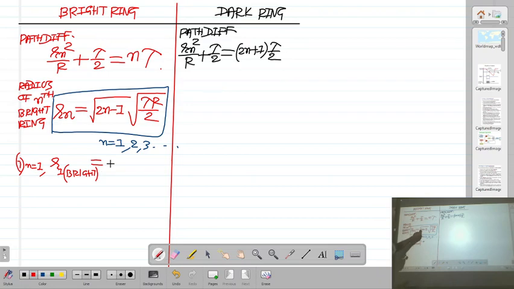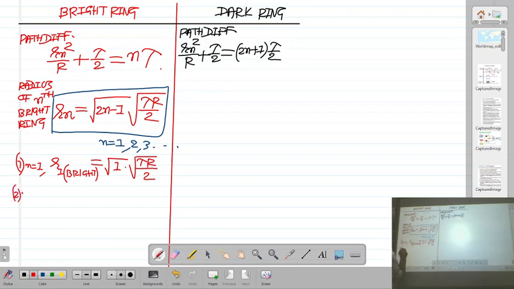Let us put n is 1: square root of 2 into 1, 2 minus 1, so the square root of 1 into the square root of lambda R by 2. Remember what lambda is here: lambda is the wavelength of the light and R is the radius of curvature of the lens.